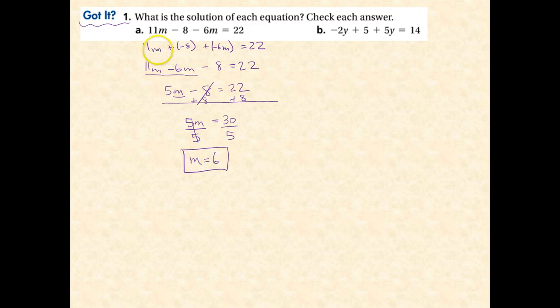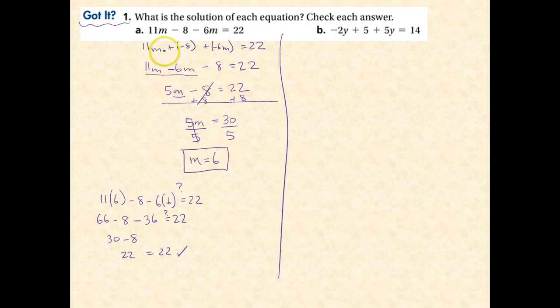And then you can plug that in to find out if that's super true. 11 times 6 minus 8 minus 6 times 6 equals 22? 66 minus 8 minus 36 equals 22? Well, let's see. 66 minus 36 is 30. So then that makes 30 minus 8, which is 22. Holla!